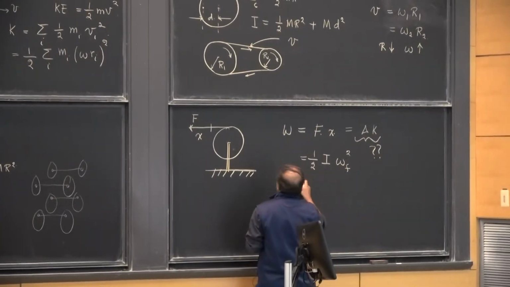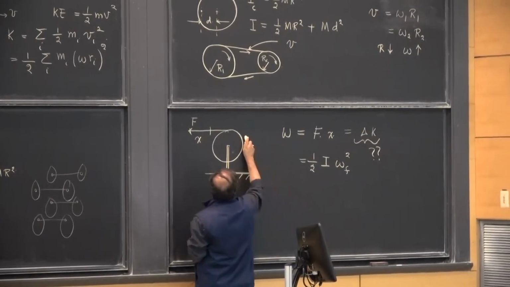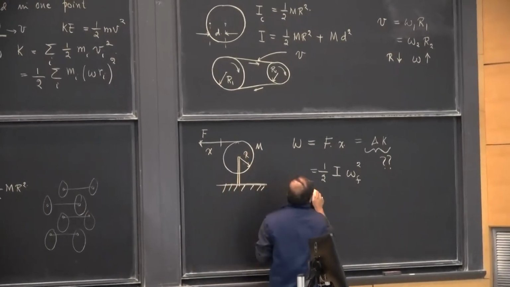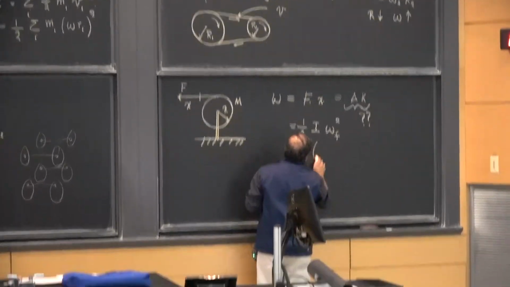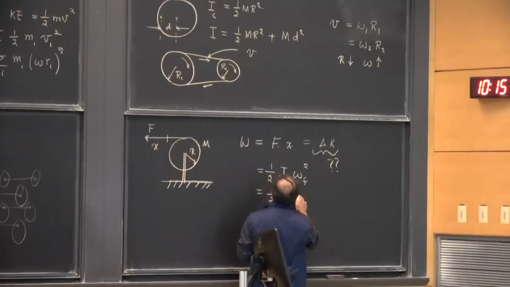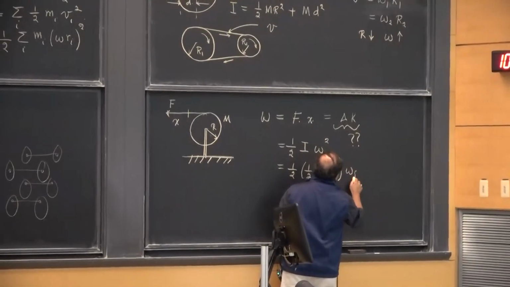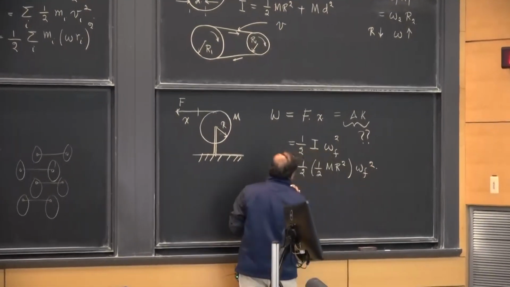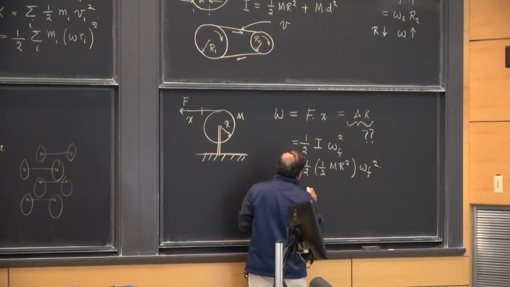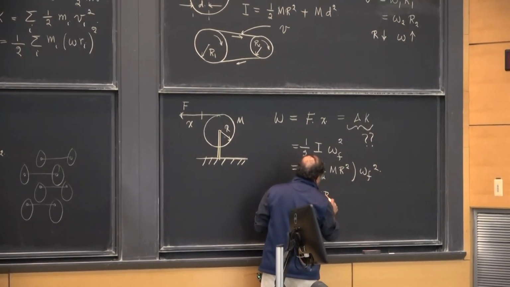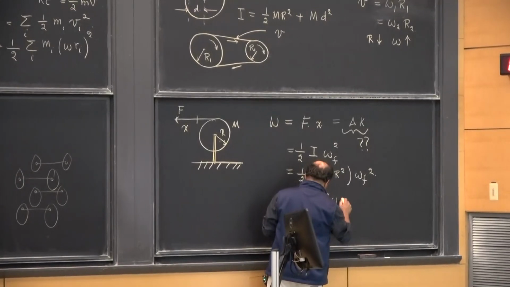But I'm not done yet, because I know it's a disk. Let's say this disk has a mass m and a radius r. So this is going to be 1/2 times 1/2 m r squared omega f squared, so it's going to be 1/4 m r squared omega final squared.